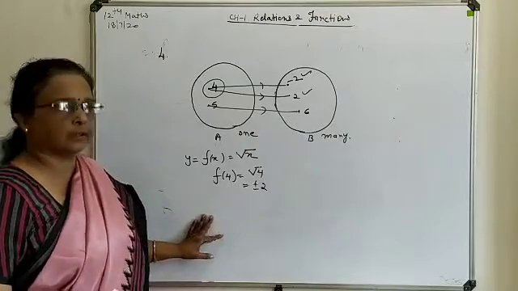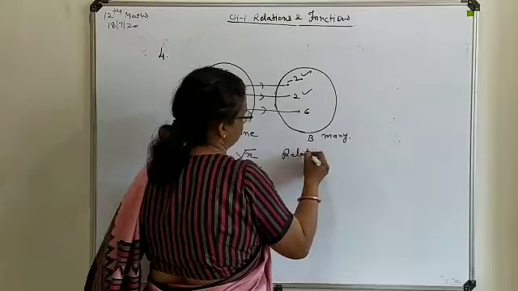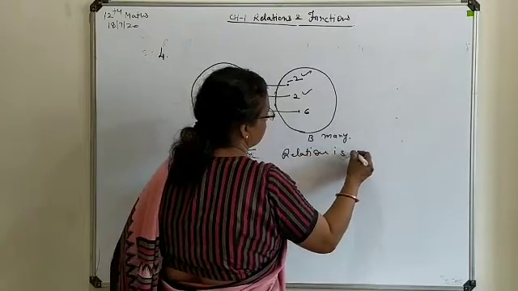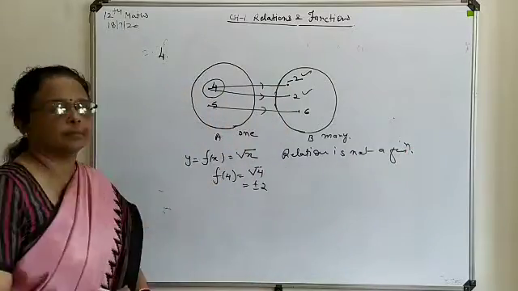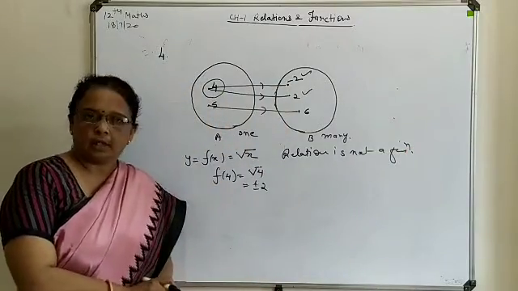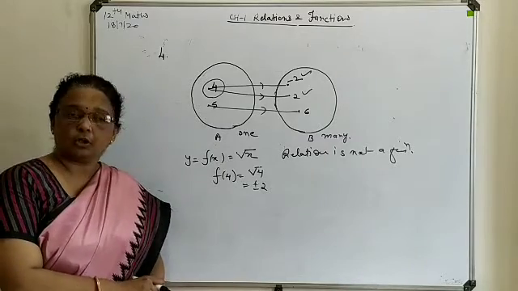So this is the another criteria in which your relation is not a function. So this way, these are the basic 4 criteria under which a relation can be considered as a function or not.